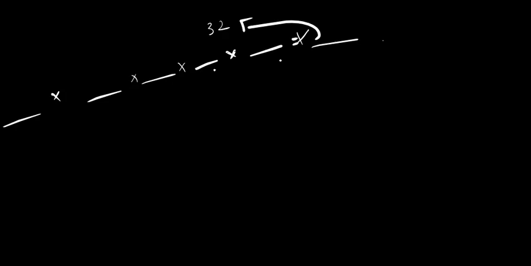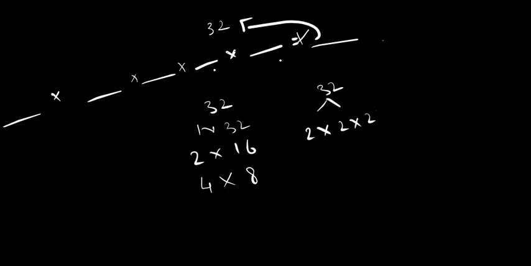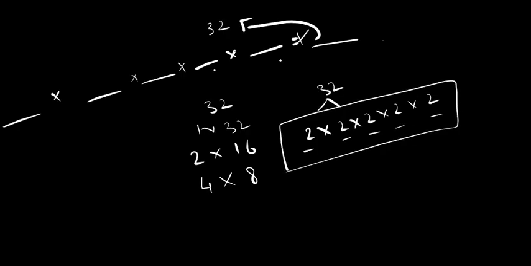So we can write 32 as 1 into 32, 2 into 16, or 4 into 8, or we can write it as 2 into 2 into 2 into 2 into 2. Here 2 is a prime number. We wrote this as prime factors, right? So you have to write the factors in such a way that each and every one is prime only. That is called prime factorization.